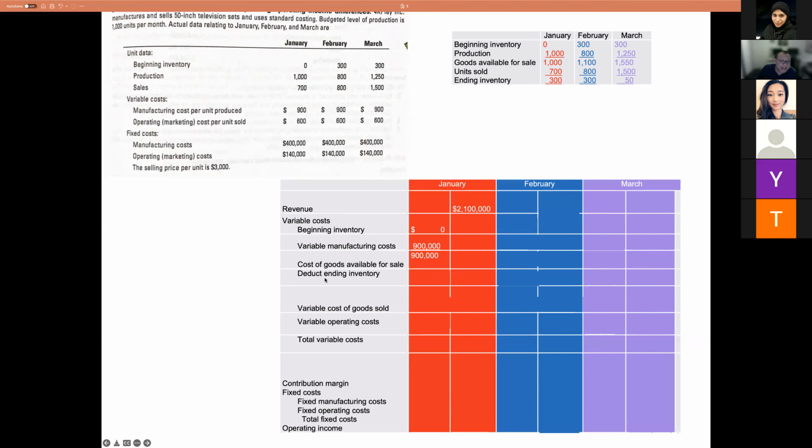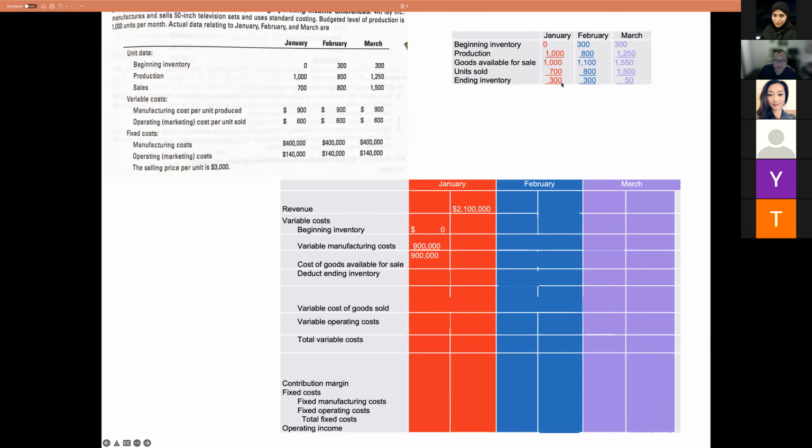What about the ending inventory? How many units are in the ending inventory? 300. And what's the manufacturing cost per unit? 900.